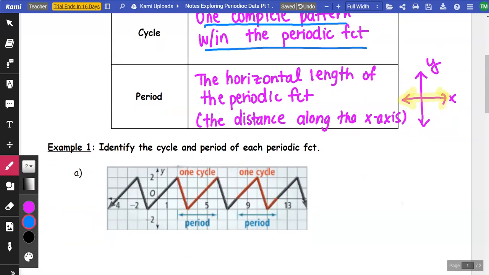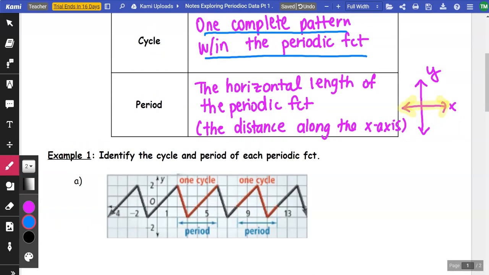When I identify a cycle, what I want to look at is the repetition of the y values. Here we have a y value of 2 at this point, then we drop down to what looks like -1, and then we come back up to 2. Then here we start at 2, go down to -1, and come back up to 2.